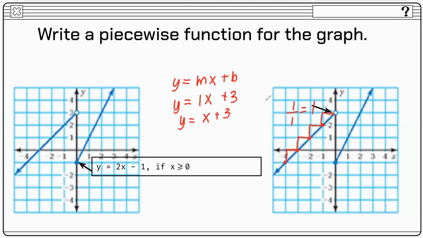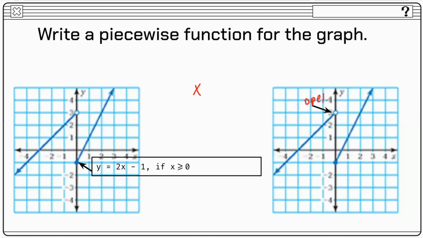Now that we've found the equation, let's go ahead and find the domain. So first, look at your starting point. Remember that domain is going to be an inequality for all the x values in your function. So it's going to be x. This is an open point for your starting point, so it's going to be greater than or less than.